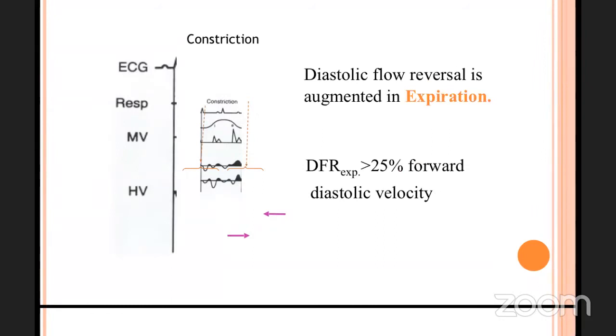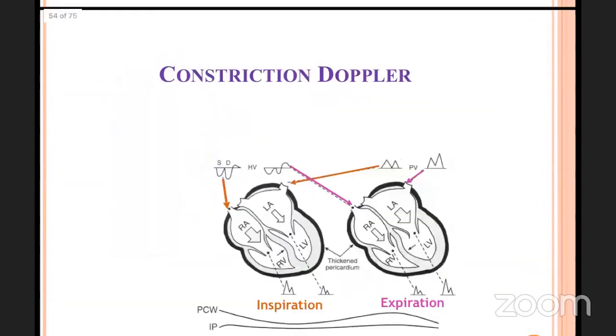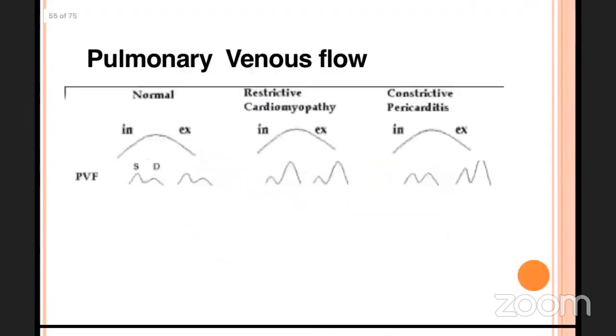So there are complications with the hepatic venous flow pattern, but something similar happens not only in the systemic veins, but also in the pulmonary veins. Normally, the pulmonary venous systolic flow is greater, both in inspiration as well as expiration.